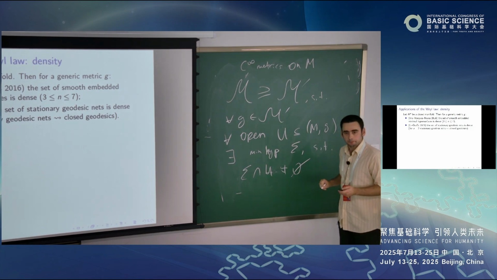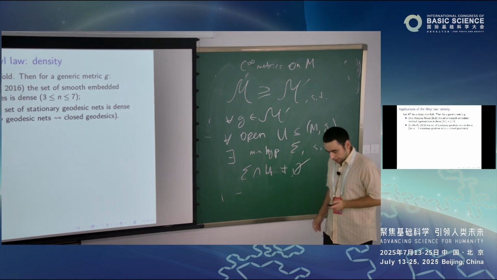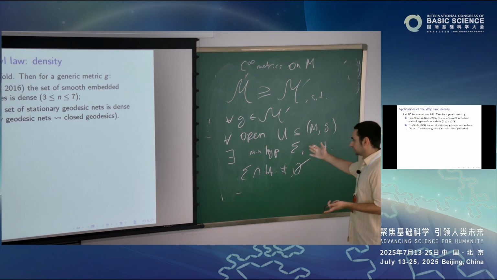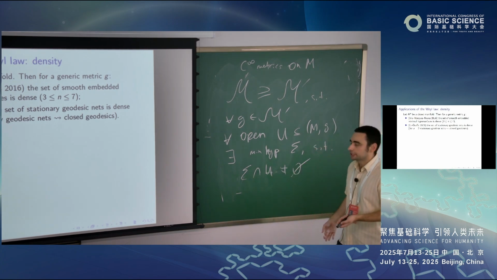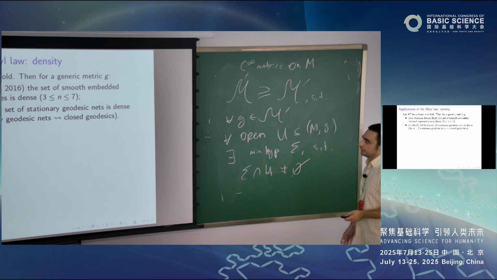So any open set will have some minimal hypersurface. It's smooth, embedded, compact, so necessarily you have infinitely many objects like that.